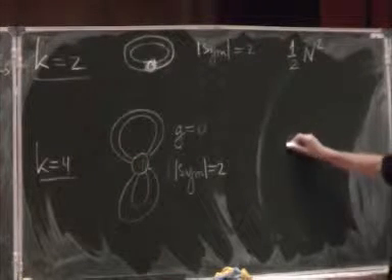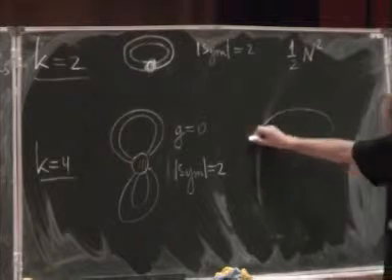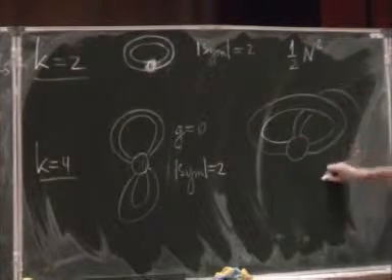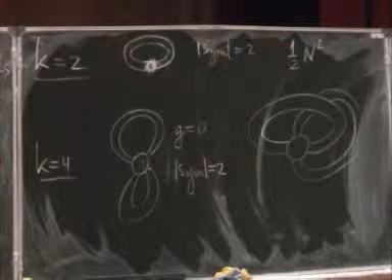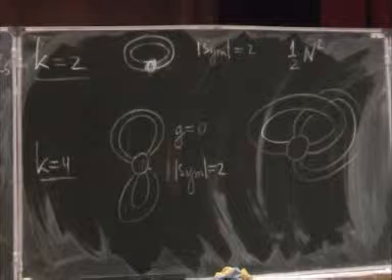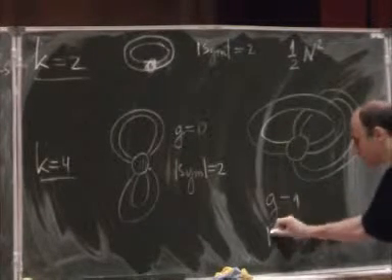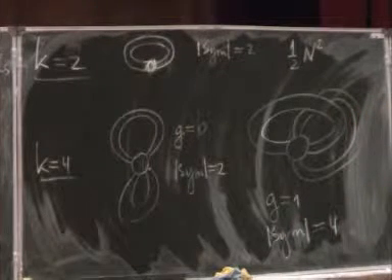And one graph like that. This one is genus 1, and the symmetry group is of order 4.